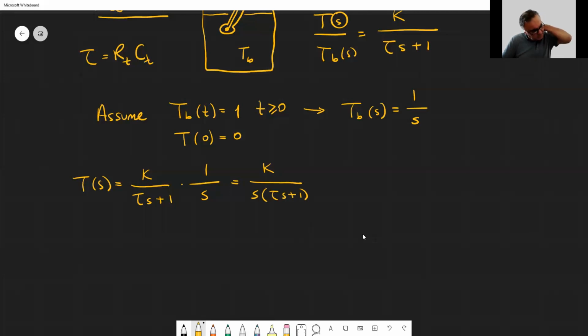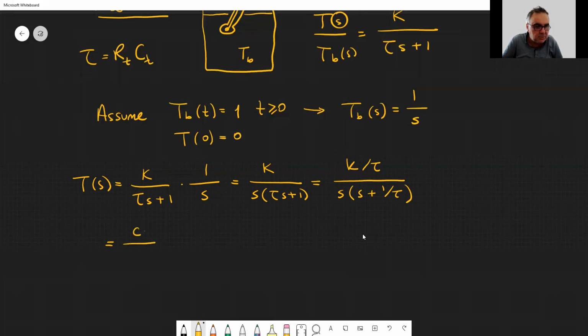Well, we want to put it into partial fractions, but if you want to do it in partial fractions, you have to write it like this, K over S times S plus 1 over tau. You have to leave the S term alone. This is the same thing; we divided everything by tau. So this would be equal to C1 over S plus C2 over S plus 1 over tau.